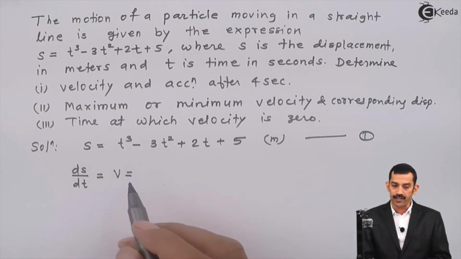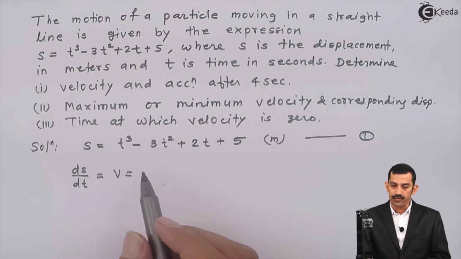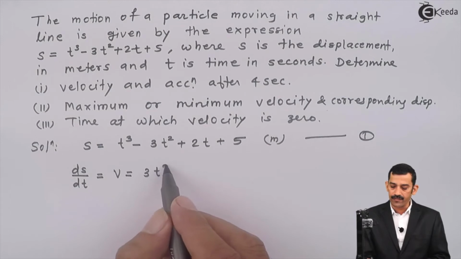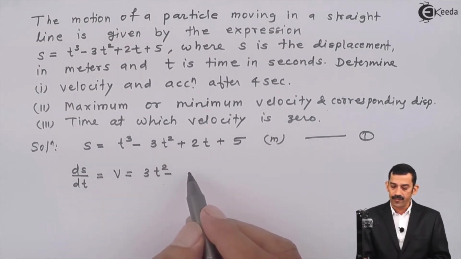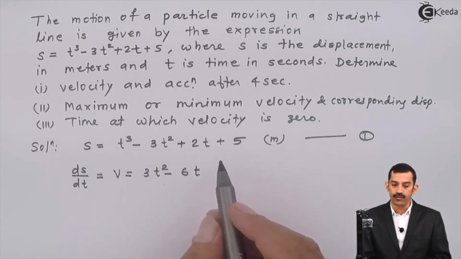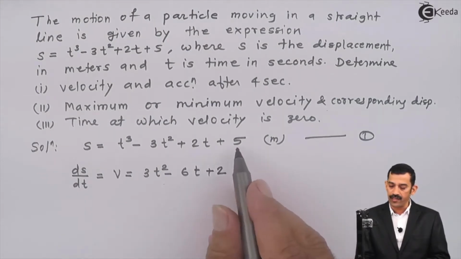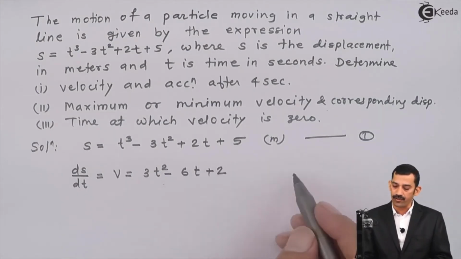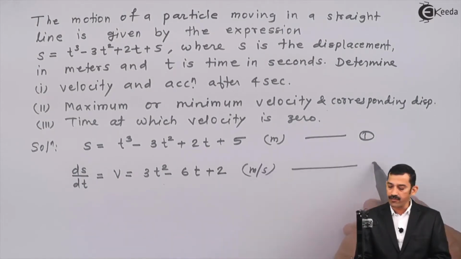If we differentiate t cube, we get 3t square, minus 2 into 3, that is 6t. Then differentiation of 2t is 2 into 1, that is 2, and differentiation of the constant term is 0. This velocity is in meters per second. Equation number 2. Simple.